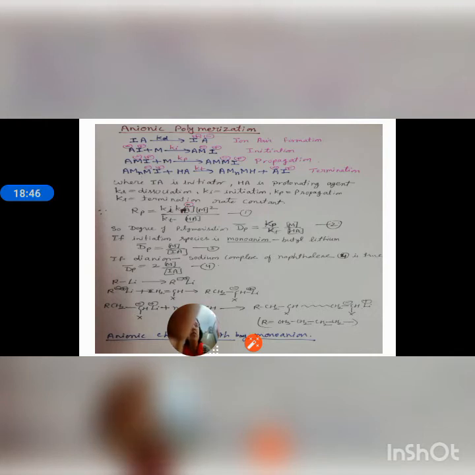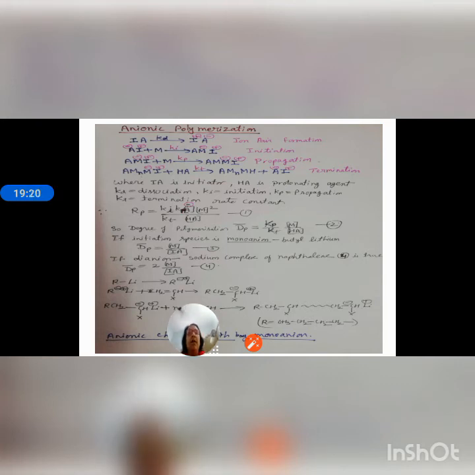By equation 2, the degree of polymerization is Kp upon Kt, [M] concentration upon [HA] concentration. If the initiating species is a monoanion, then dP equals [M] upon [I], equation 3. If a dianion species, then dP equals 2 into [M] concentration upon [I].